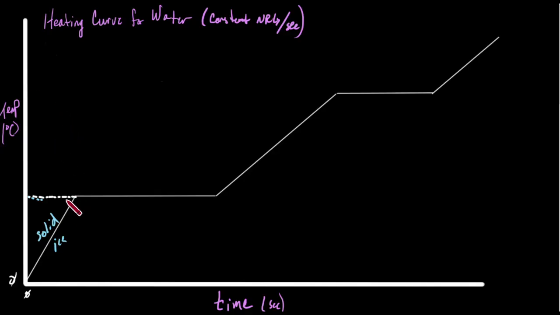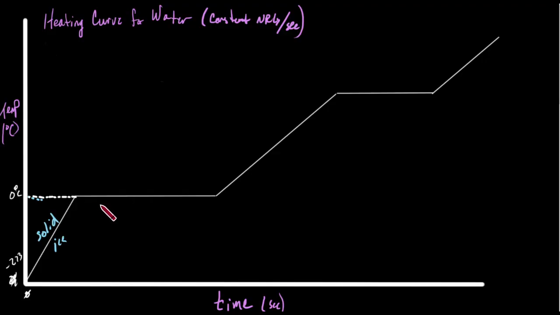Yeah, it's 0 degrees Celsius. So actually, yes, there should be a horizontal line here, but it's 0 degrees Celsius. So really, this is negative 273 down here, and 0 degrees Celsius is this line here.